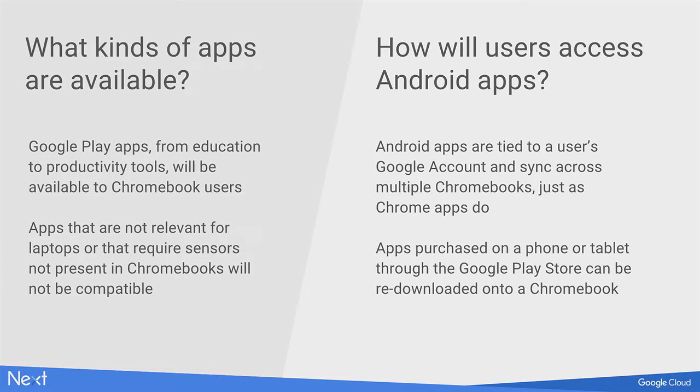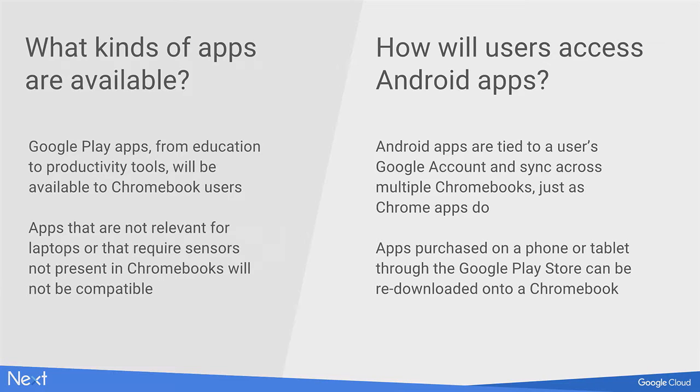So in terms of what kind of applications are available, almost all Android applications are eligible for Chrome devices. Some exceptions are going to be applications which require special sensors. So if your application requires a GPS and a Chromebook does not have GPS, we'll filter that out. In terms of how users are going to access the application, remember I said Chromebooks are very shareable, which means any user can sign into any Chrome device and they get that same consistent experience.